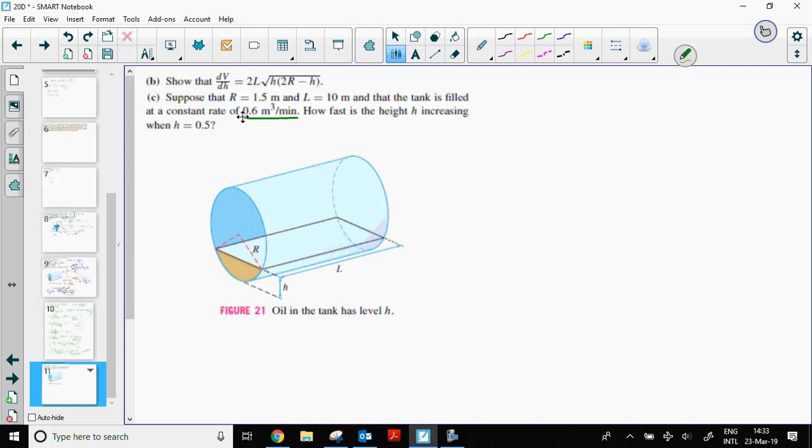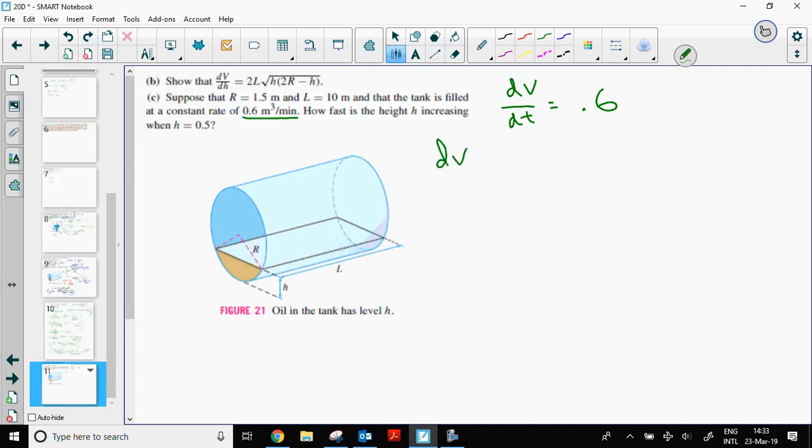But here, they're giving us the rate of change of volume with respect to time. So dV/dt is equal to 0.6. And now I need to figure out how that relates back to part B, which was dV/dh. Now, I don't like calling derivatives fractions because they're not proper fractions with numbers, but they can behave like them at times.